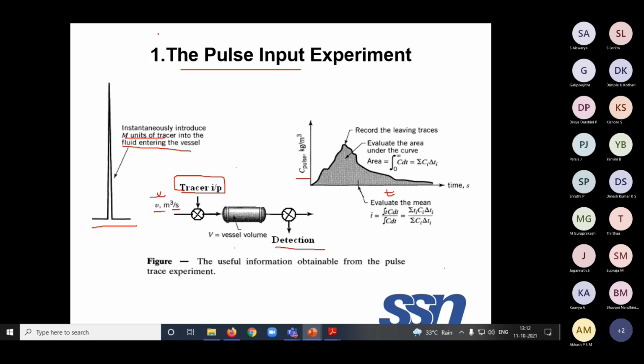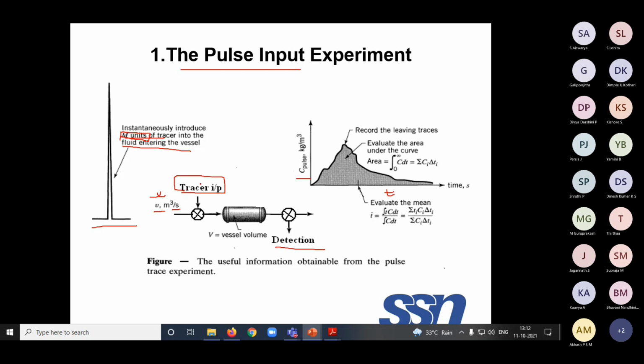So that this entire M units, whatever units you want to put, you are giving M units, whatever the unit may be. If you want to send some 5 grams of dye, you put 5 grams, or whatever the unit. If it is a liquid, some 5 ml or whatever it is. So this liquid is flowing, and at time t equal to 0 you are not introducing any tracer.